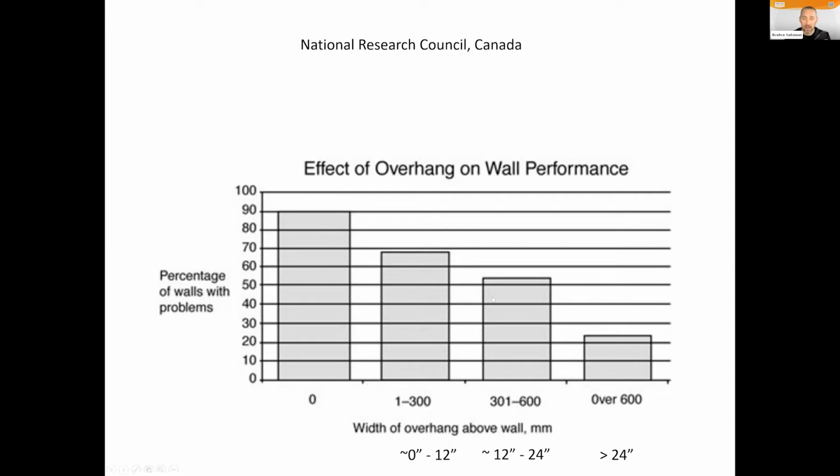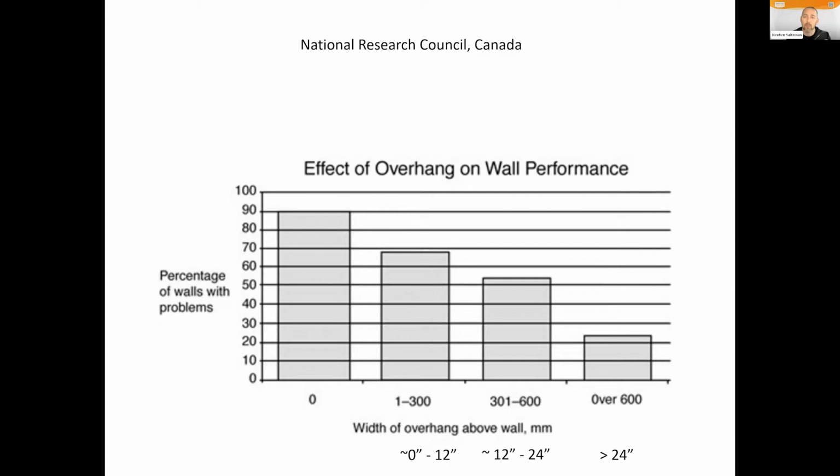And then as the overhang gets larger and larger, we're going to have fewer and fewer homes with water intrusion problems. Step up to a 2-foot overhang, and the number of homes with water intrusion problems goes down to less than 25%. And I'm sure that we could extrapolate these numbers and say, all right, if you've got a 3-foot overhang, that number is going to keep going down.